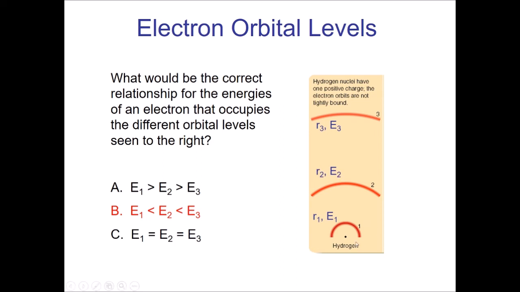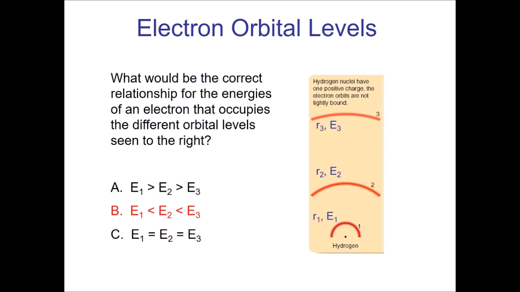B. The ground state is the lowest energy. As you go up, the energy increases and increases. The best way to think about this is imagine something else that has an attraction, right? Gravity. If you think about taking an object, holding it above the ground and letting it go, it falls, right?